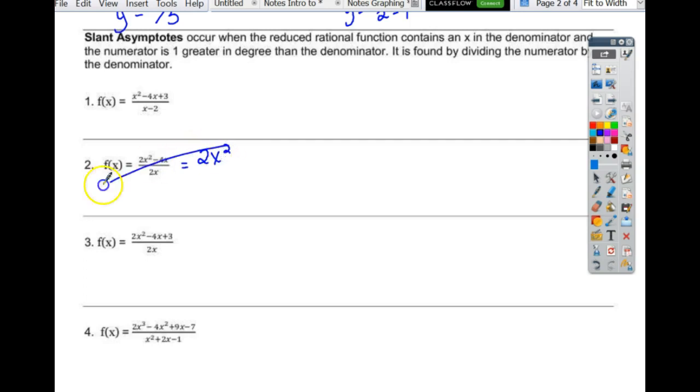Well, we're not even going to do this one. Do number 3. So this is one bigger. It's one bigger. So it's going to have a slant asymptote. If it has a slant asymptote, it has no horizontal asymptote because it's top heavy. Okay? So I'm going to have 2x squared over 2x.